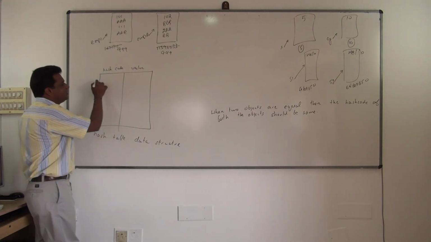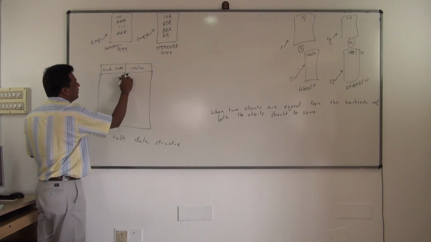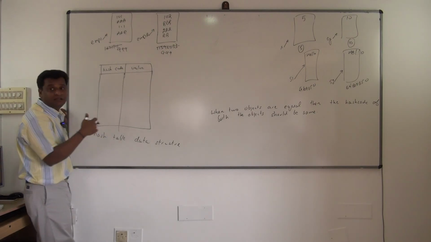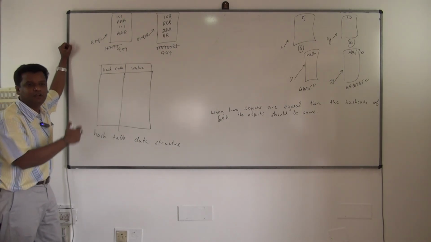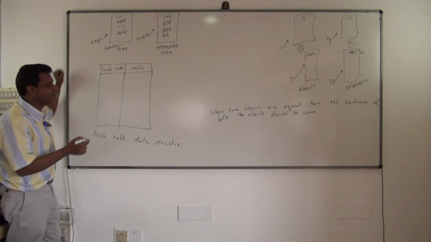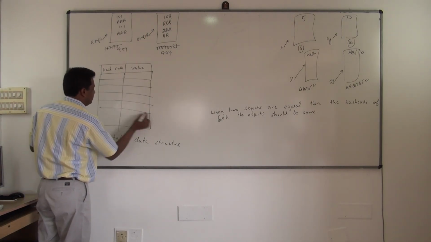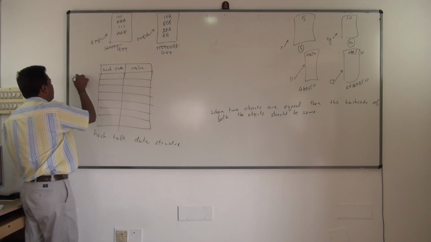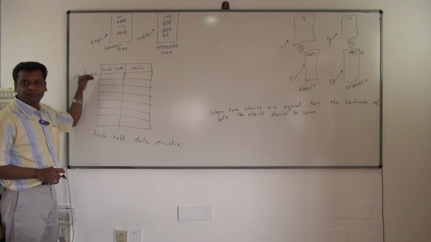Anyway, it will have two things: one is the hash code, and the other one is the value. When you try to add elements like string elements, integer elements, or your employee objects into it, in this table there are partitions called slots, or sometimes buckets.